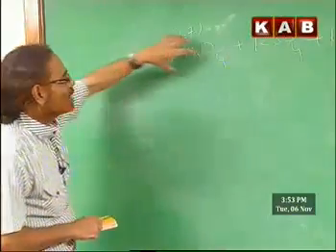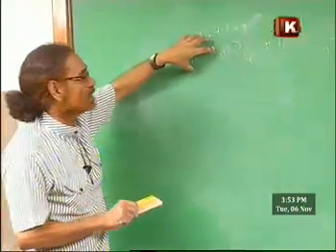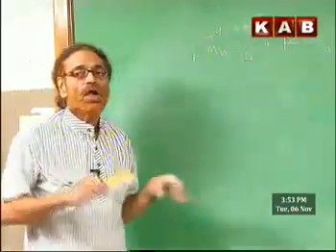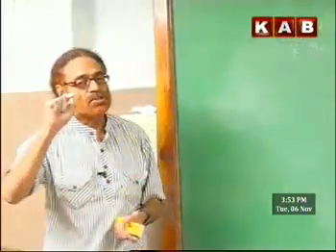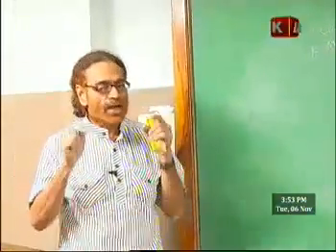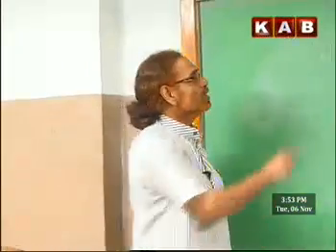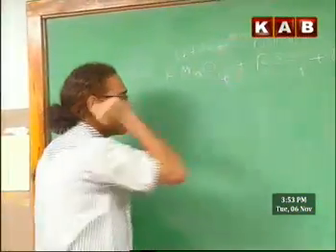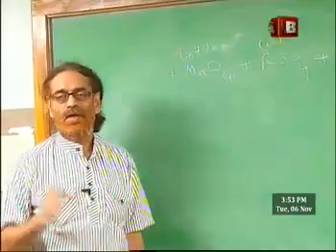So for these redox reagents, oxidizing agents or reducing agents, to decide the equivalent weight, that so-called N factor, we understand it in terms of electrons lost or electrons gained.